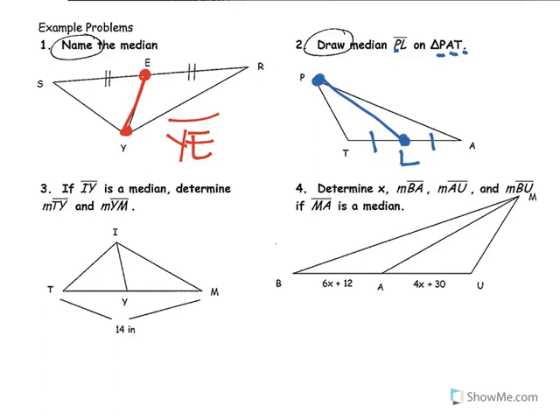Okay, let's look at number 3. And now we can start moving into actual measurements of things. So if IY is a median, let's mark that in the picture. So if IY is a median, that means I'm starting from a vertex, and that means Y is a midpoint. So I'm going to put in some tick marks. Now I want to determine the measure of TY, so that's this chunk here, and the measure of YM, that's this blue chunk here.